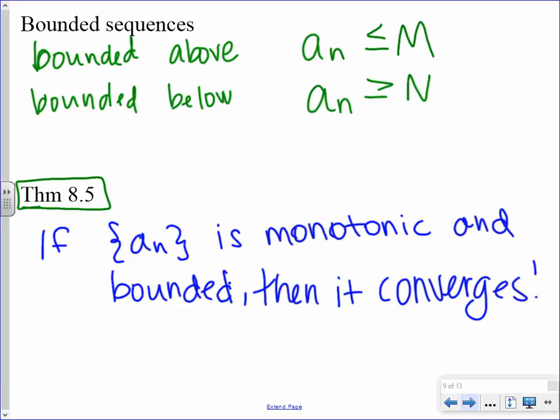Now, don't write this down, but let's just think about what this would look like.